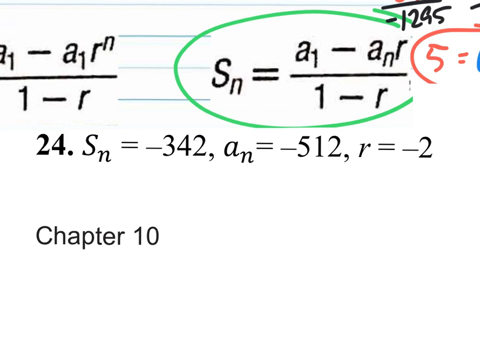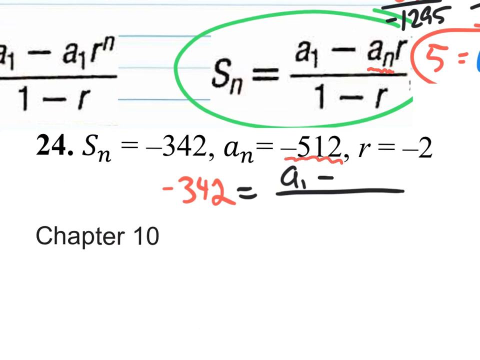So let's plug in what we have. Instead of S sub n, we have negative 342, and that is equal to a fraction, and up on top we have A sub 1. We don't know what A sub 1 is, right? We don't know that, so we just rewrite it. Minus A sub n, see A sub n up here? That's really negative 512. So we have negative 512.